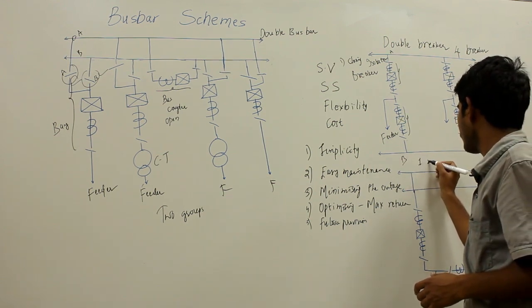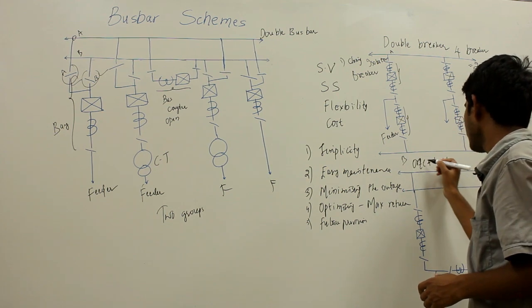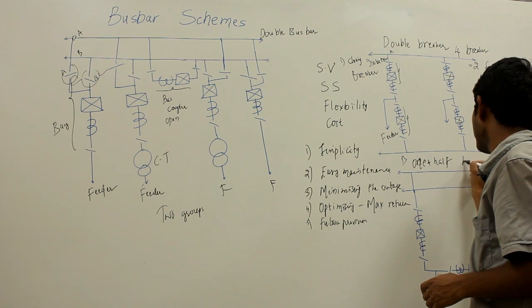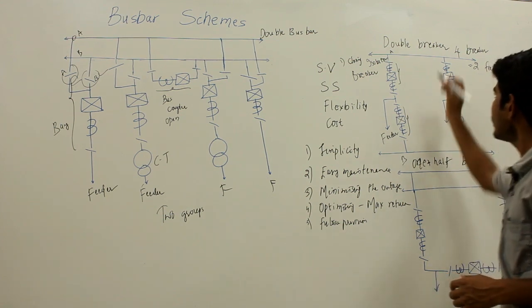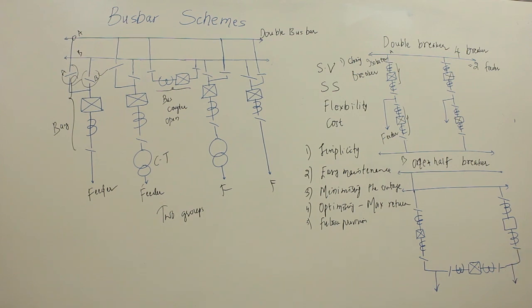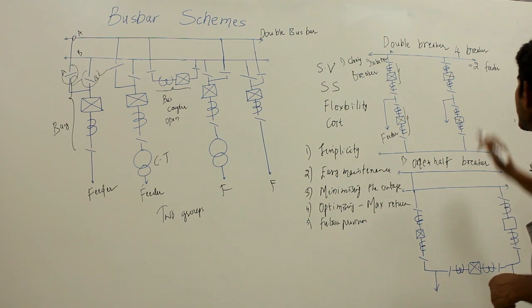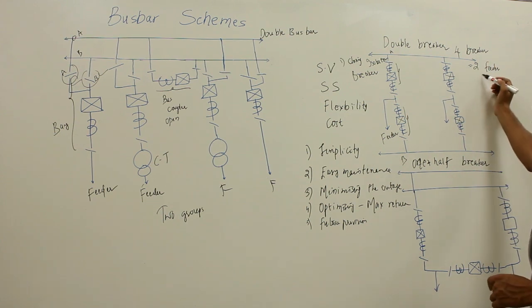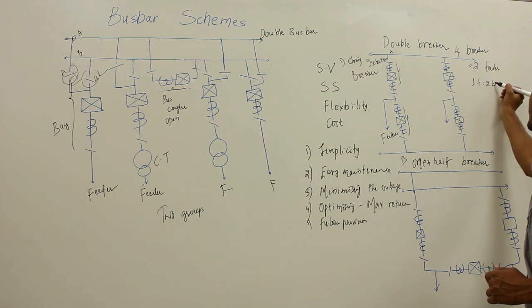This is the 1.5 breaker bus bar scheme. This is an improvement on the double breaker scheme in order to save on the number of breakers used. In the double breaker scheme we use 4 breakers for 2 feeders, that means 1 feeder, 2 breakers.